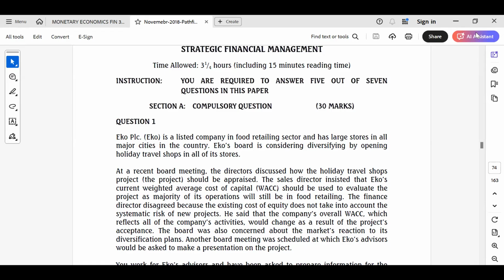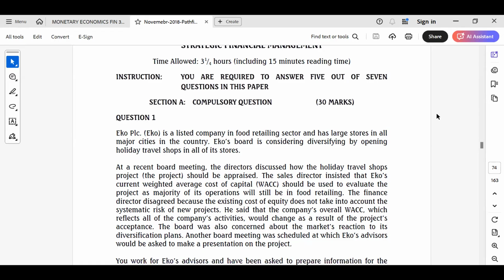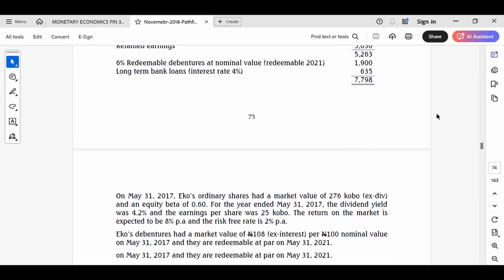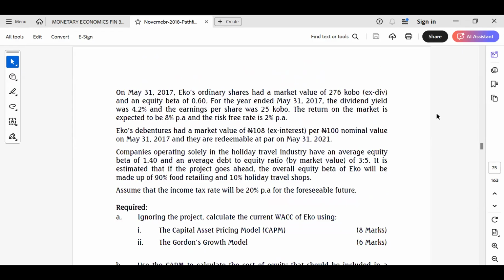Requirements. It said, ignoring the project, calculate the current WACC of Echo using one, the capital asset pricing method, which is CAPM, and two, the Gordon growth model. Can you see they said we should ignore the project? You know why they are speaking that way?